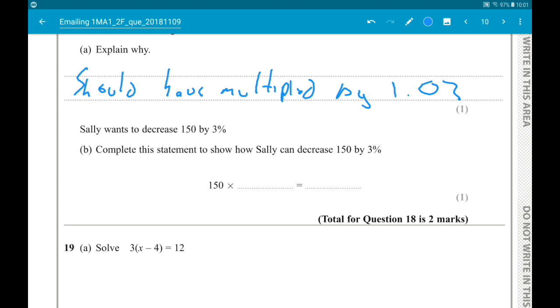So, if you want to decrease something by 3%, you want 97% of that something. 97% as a decimal is 0.97. So, we are going to do 150 times 0.97 and we get 145.5.